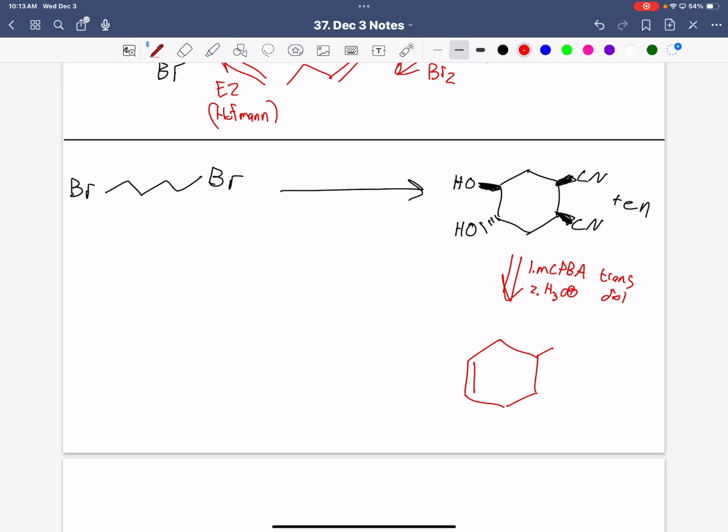So that could have come from this. That looks like a Diels-Alder product.